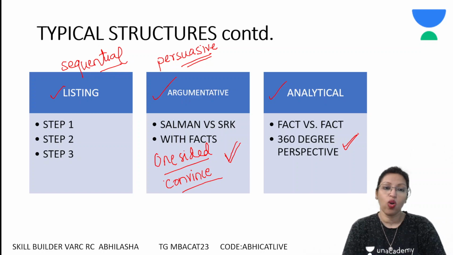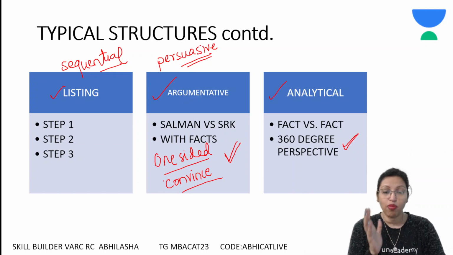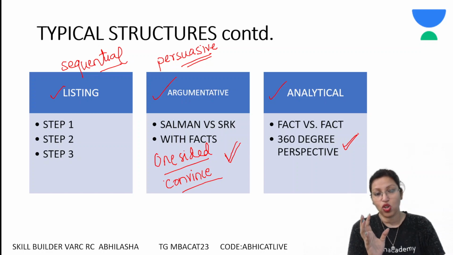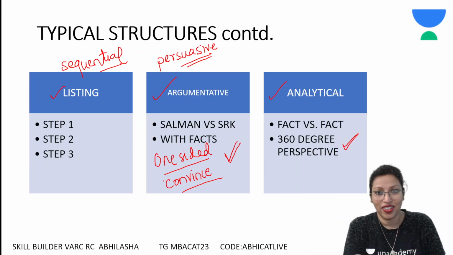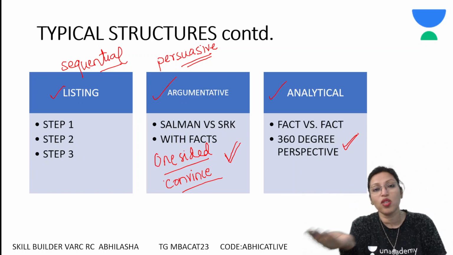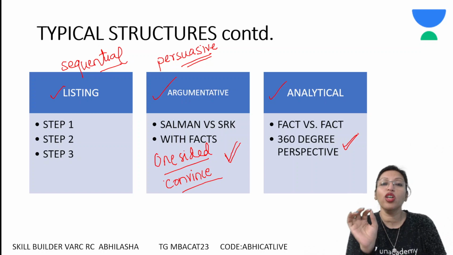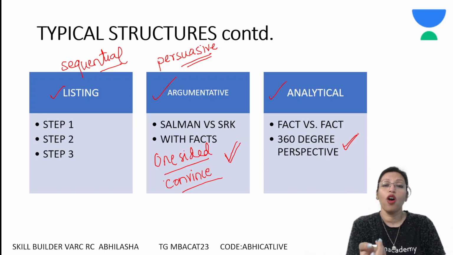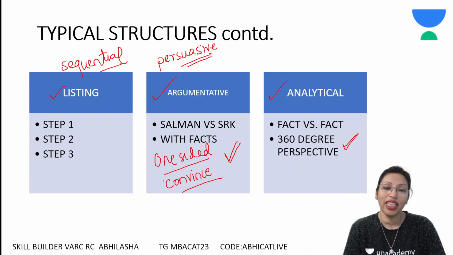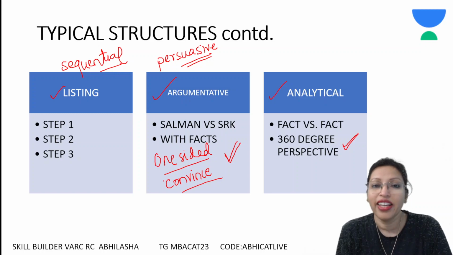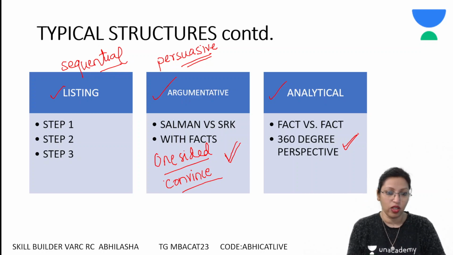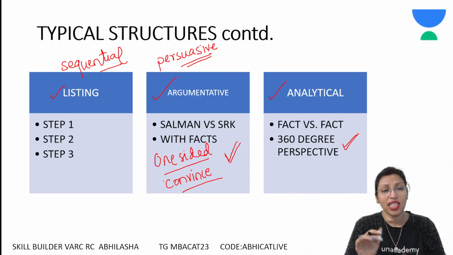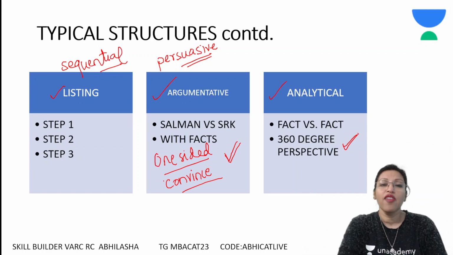So analytical will always be like that: the writer will always try to give you both the sides, then let you decide, whether you want to go this way or that way. So the author will not try to convince you of the rightness of his own argument, and that's why the analytical article is very different from the argumentative article. Okay. So these are some structures that you do find within your reading comprehension articles.